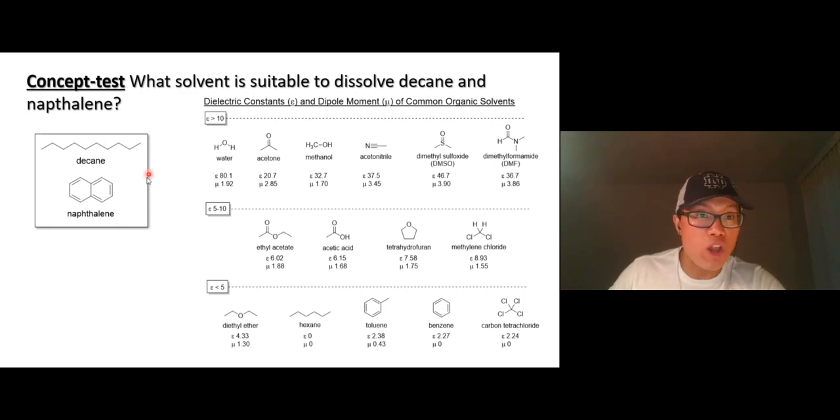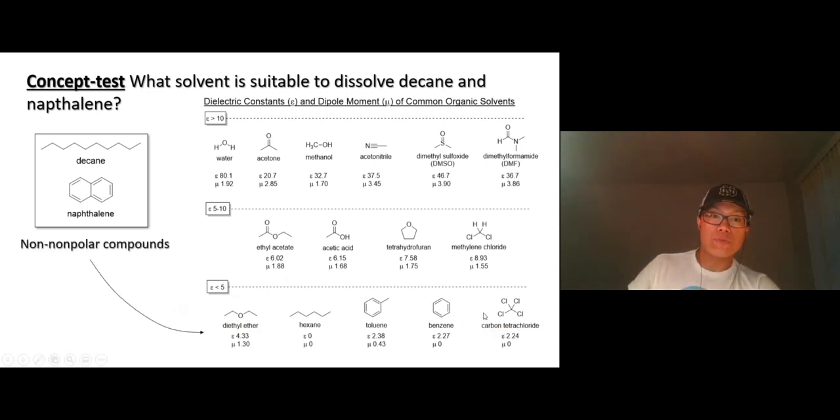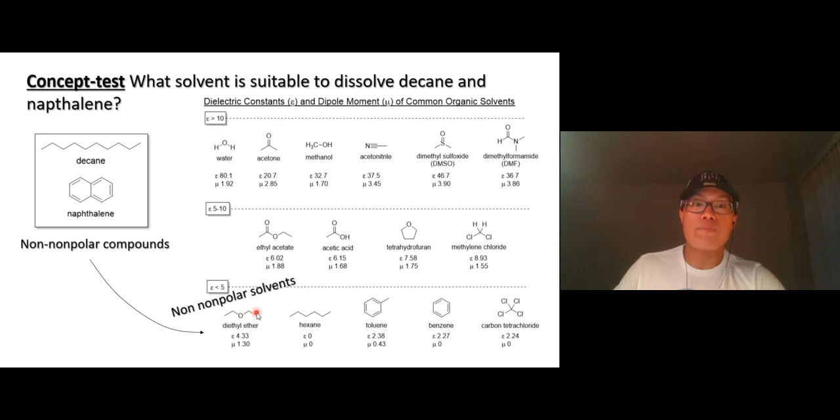Naturally, you can see they're always London forces, non-polar. If you want to dissolve them, you're going to pick a non-polar solvent down here. Pick any of these, they work: diethyl ether, hexane, toluene, benzene, carbon tetrachloride. So non-polar compounds, non-polar solvents.